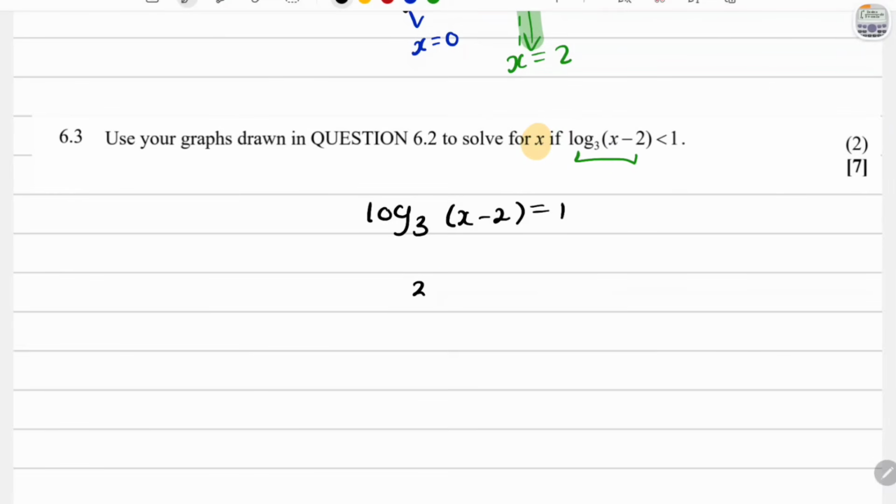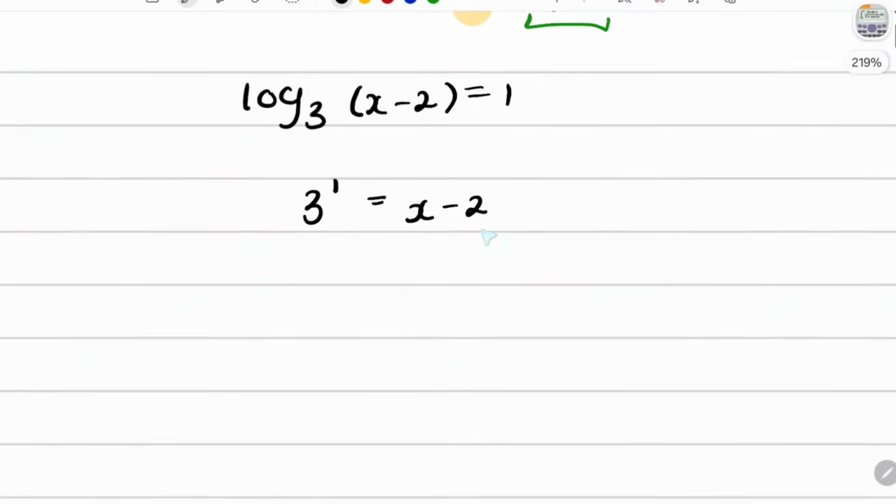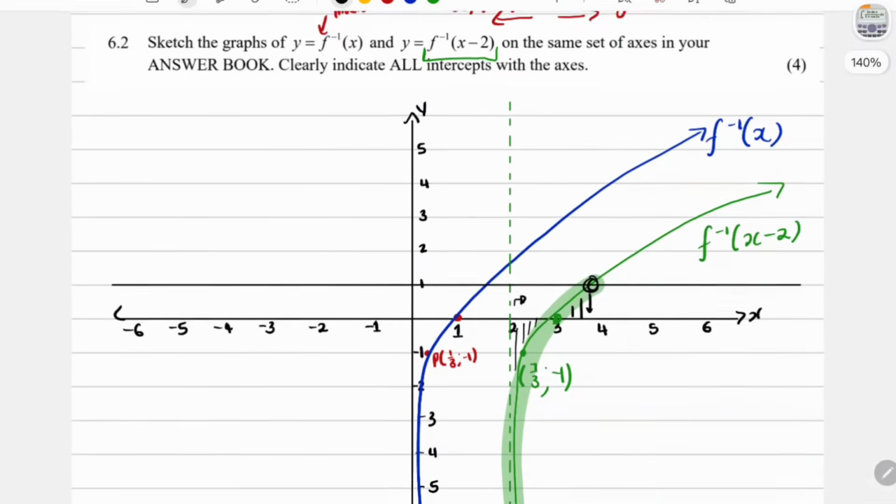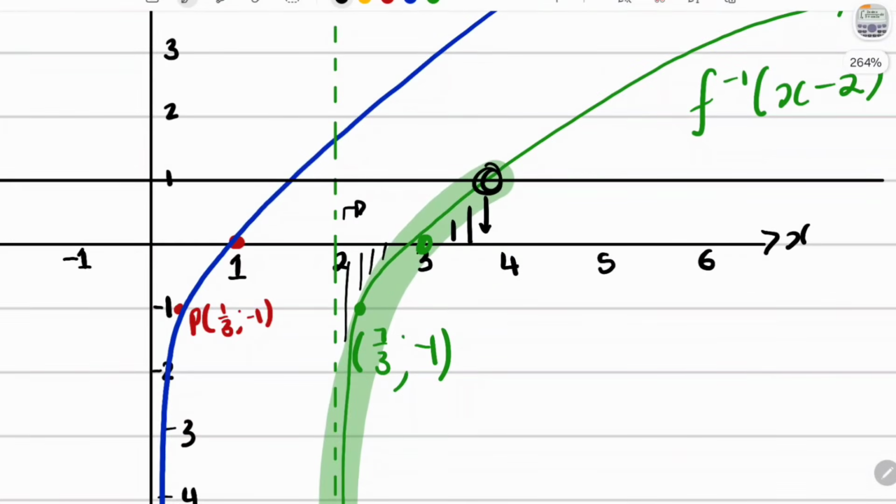So the base is 3, that would mean the exponent is the 1, and then what it's equal to is x minus 2. So solve for x here. If you take the 2 over, it becomes positive. 3 to the power of 1 is 3. So that's 3 plus 2, which is 5. And so you can see now that x is equal to 5.